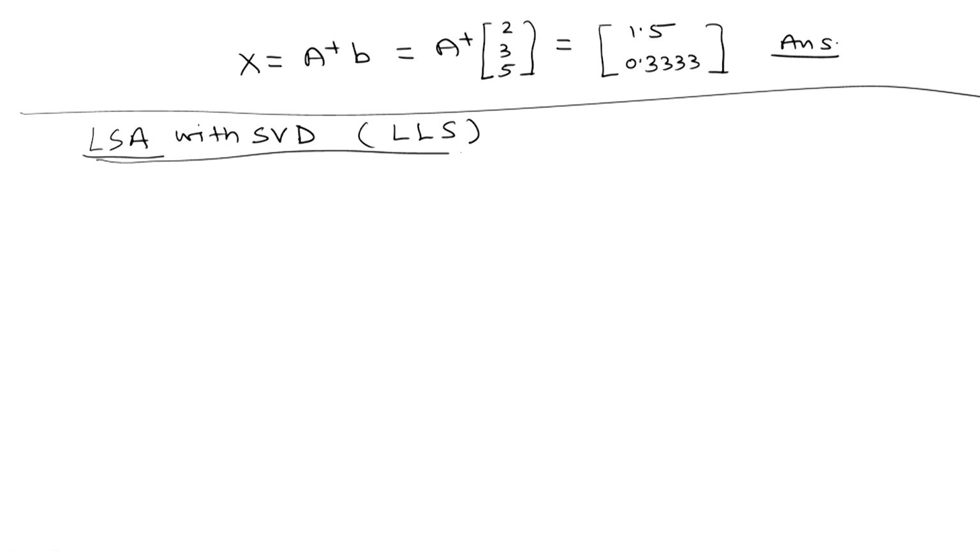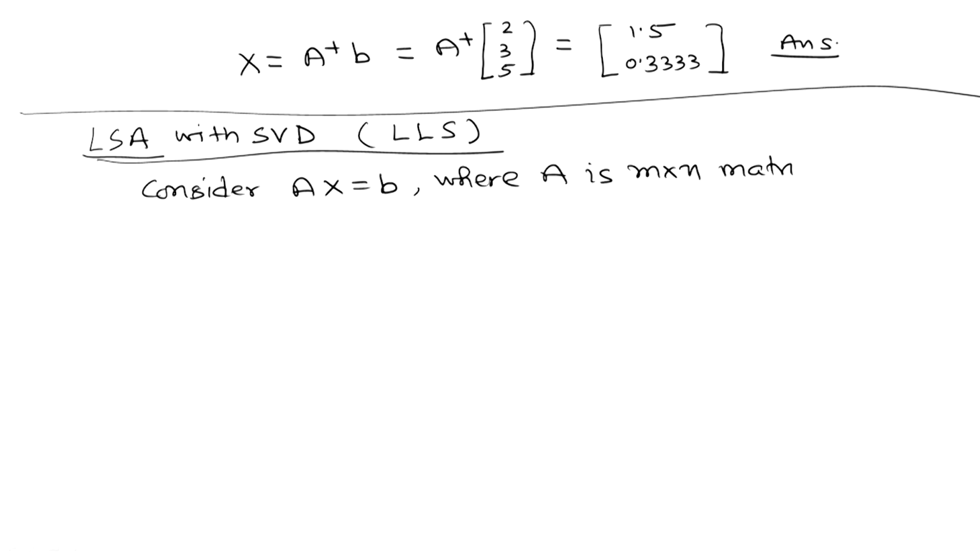So, for doing this, again consider Ax equals to b, where A is an m by n matrix with rank of A equals to r, which is less than minimum of m, n.